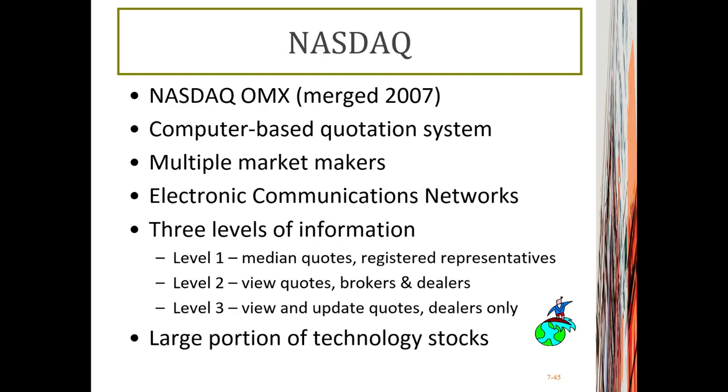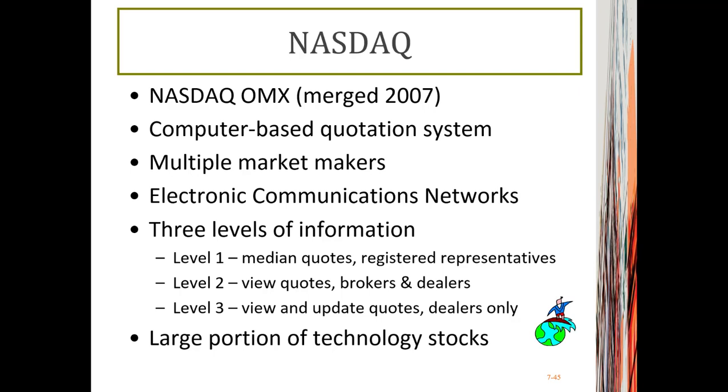Nasdaq is the second largest stock exchange in the United States, and it's very unique because there's no physical location for Nasdaq. You cannot find a Nasdaq anywhere in the United States. But you can also say Nasdaq is everywhere, because Nasdaq is an electronic trading system established by the National Association of Securities Dealers back in 1971.